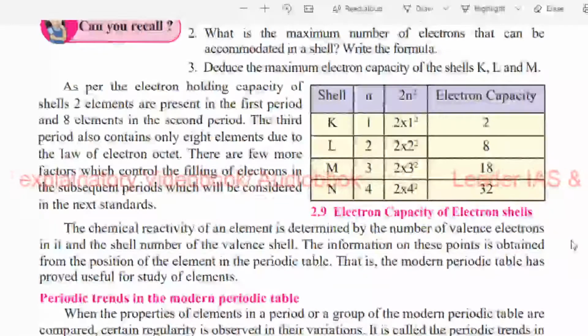The chemical reactivity of an element is determined by the number of valence electrons in it and the shell number of the valence shell. The information on these points is obtained from the position of the element in the periodic table. That is, the modern periodic table has proved useful for the study of elements.